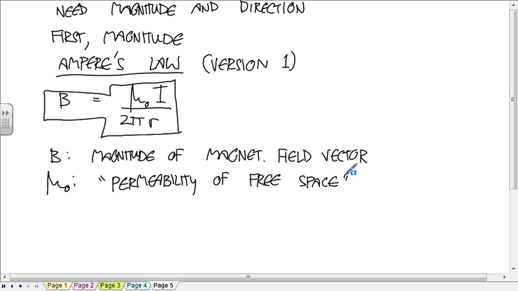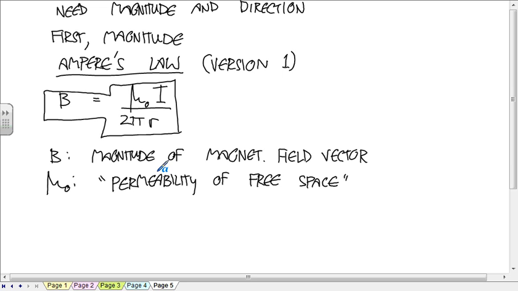It is just a statement of how easily magnetic effects can travel through space when there's no magnetic material in between here and there.